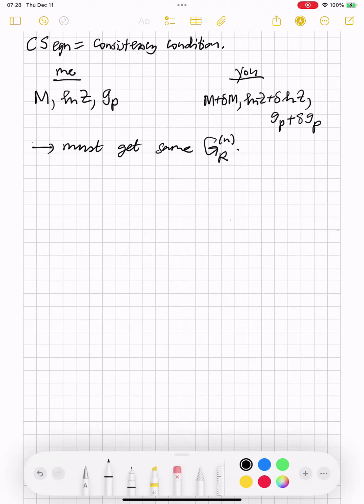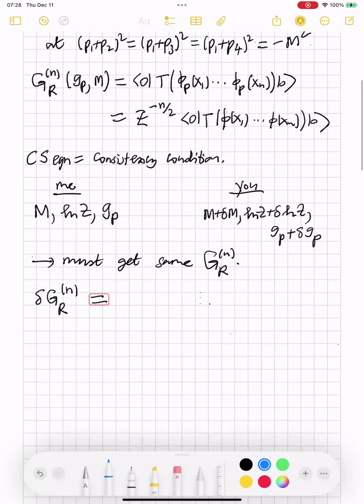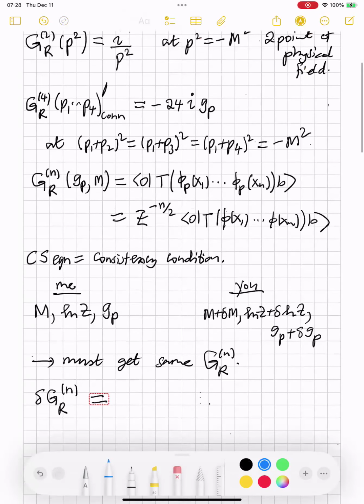We can think about the change in the Green's function in two ways. The first way: look at this first expression over here.